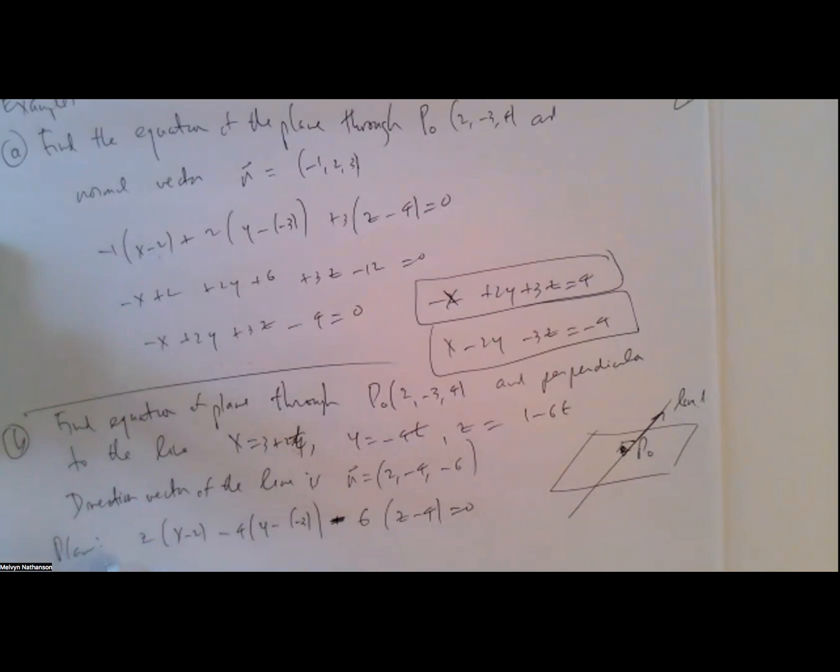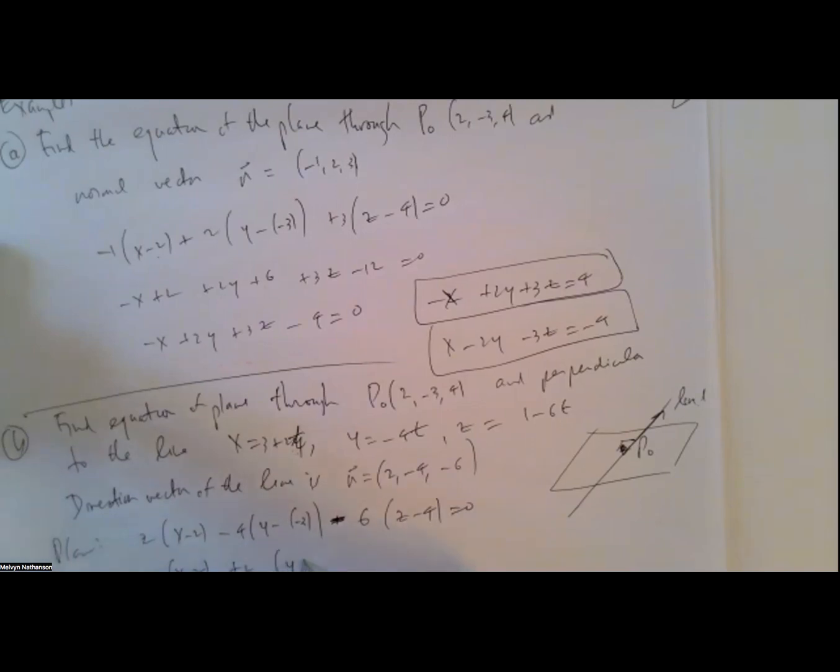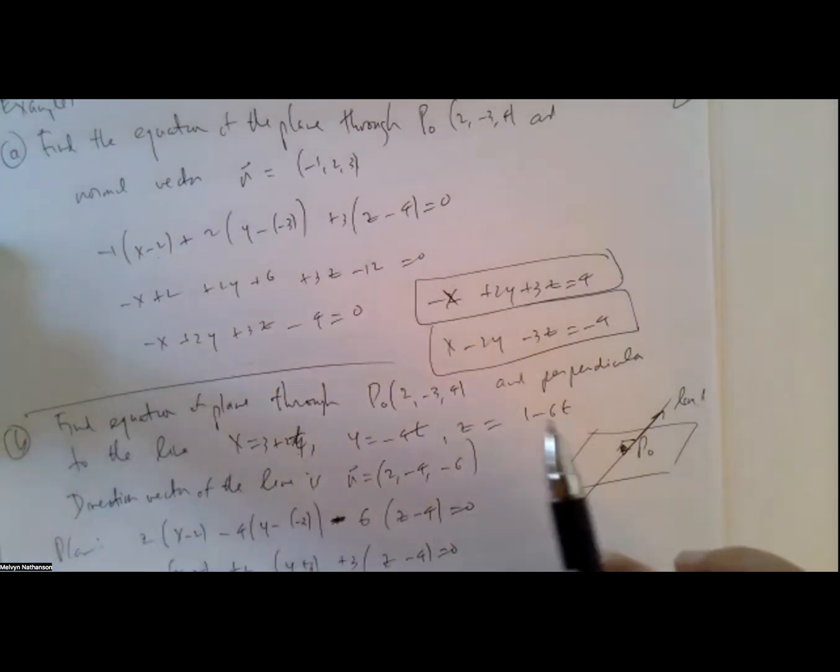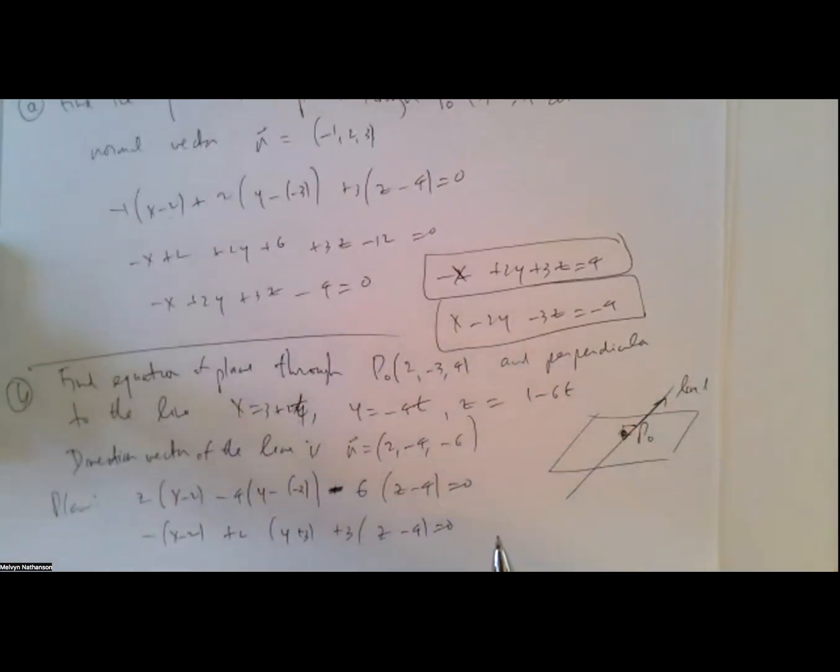In fact, if we divide this by -2, you get minus x minus 2 plus 2 times y plus 3 plus 3 times z minus 4 equals 0. It's exactly the same equation. So we get, in fact, the same plane. So that wasn't so hard. All right. Any questions so far? It's good every now and then to stop and review a bit. That's what we're doing.